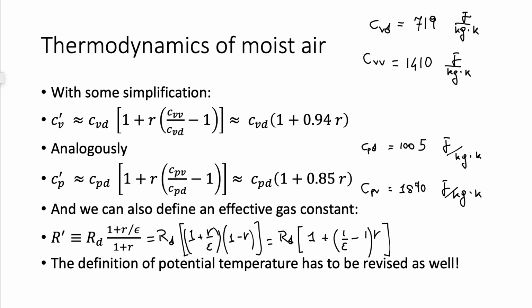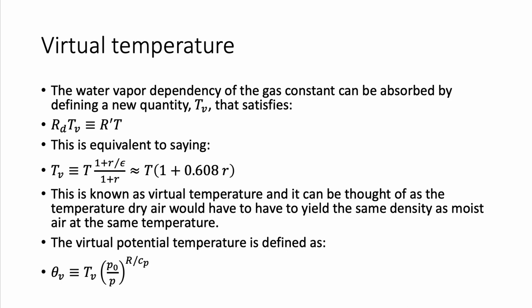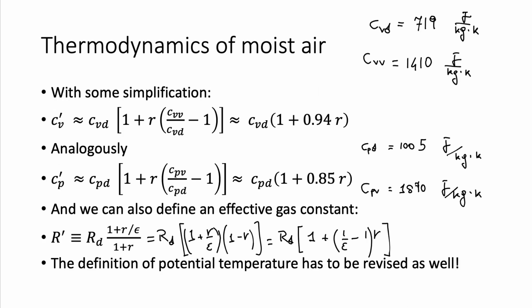Now, notice that the way we had defined the potential temperature is also going to change, right? Because we had defined potential temperature in terms of only a dry gas, and so we had ended up with something like theta equals T times P0 over P to the power R over CP. Well, these R and CP you're also going to have to change, and you're going to have to use effective values for these two.